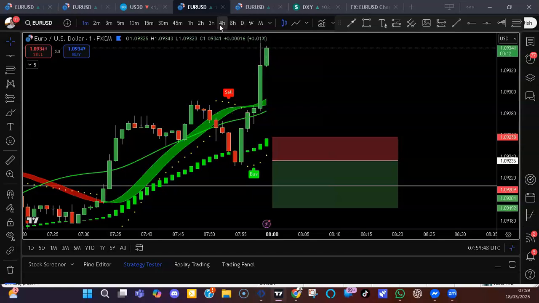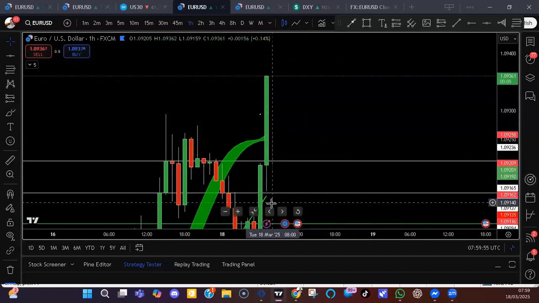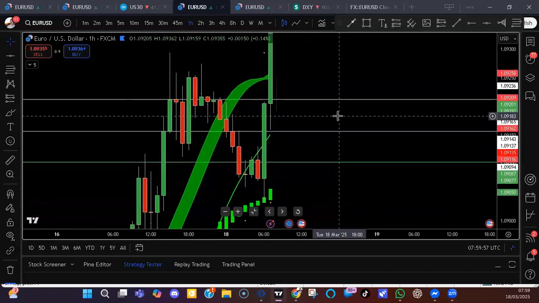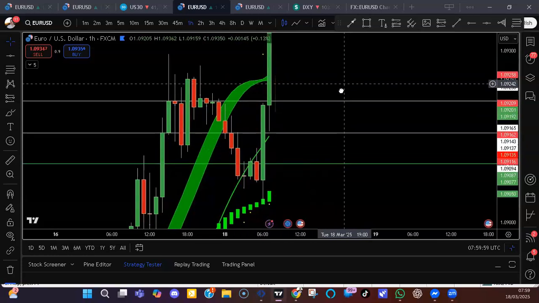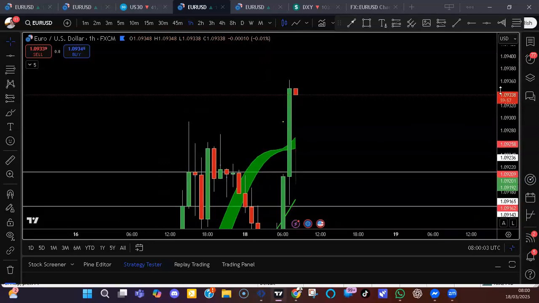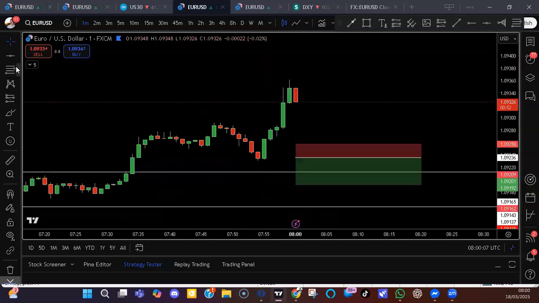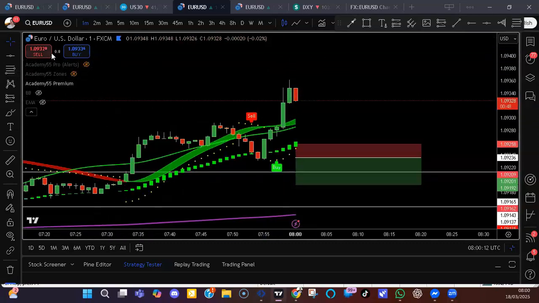Let's look on the hourly time frame. Like I said, all that candle there is imbalanced now. And we've got imbalance down here. We've got reasons for price to come down, but they're taking advantage of a weak dollar. Back on the minute. Put our indicators back on.